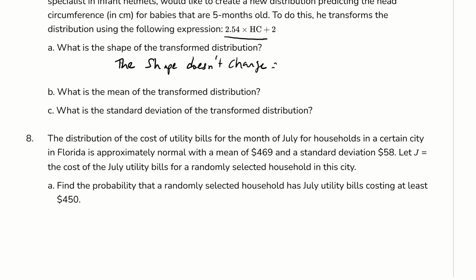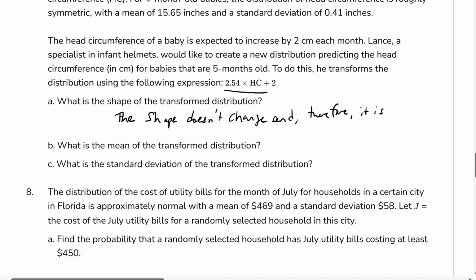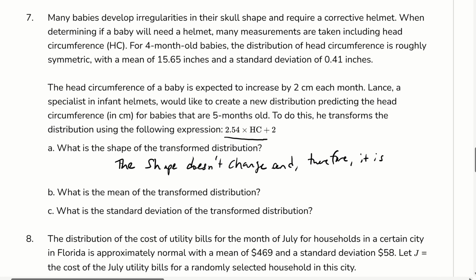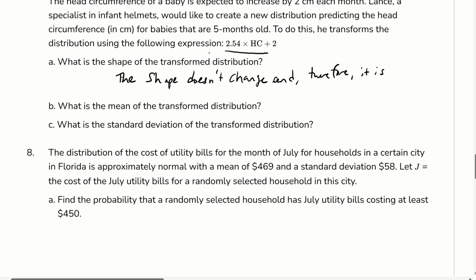If you look at the measurements, it says it's roughly symmetric. That means that the shape of the new distribution is also roughly symmetric.